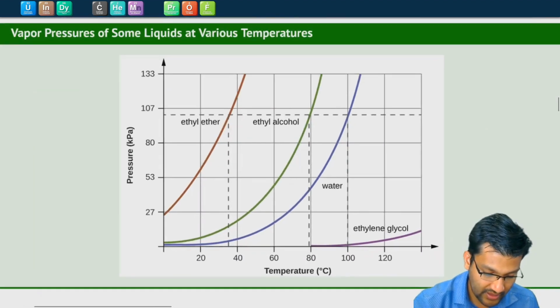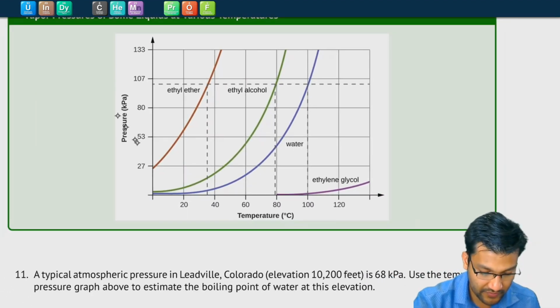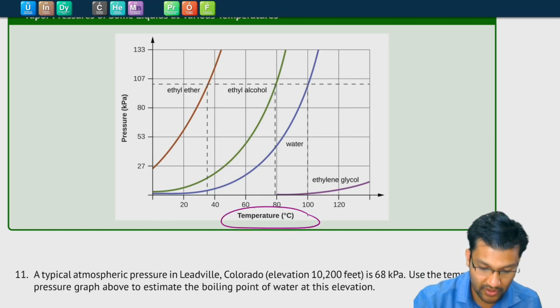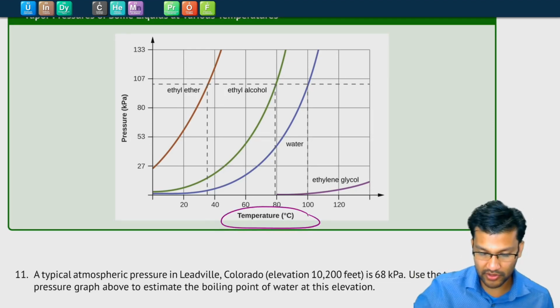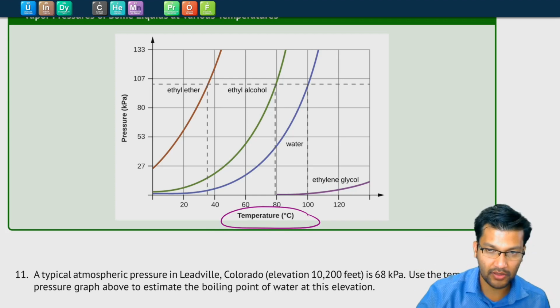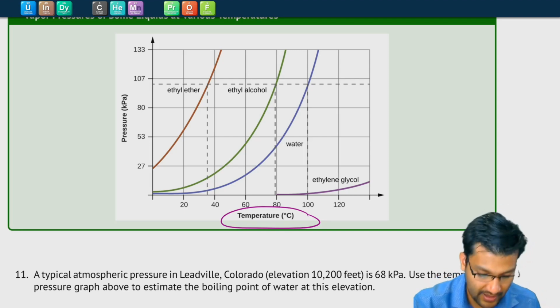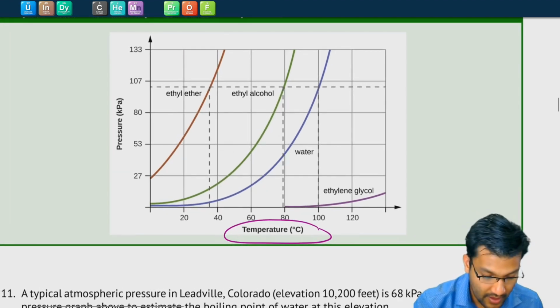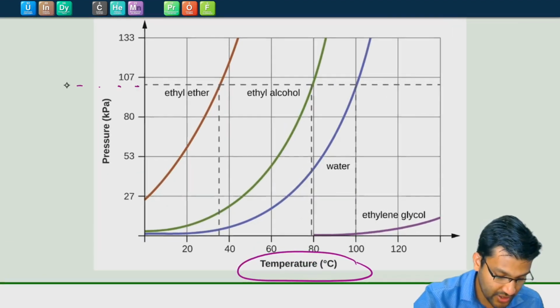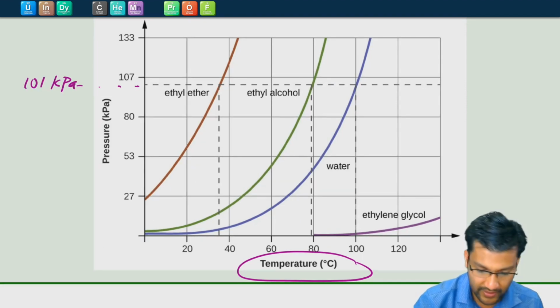So in this table here, it shows how vapor pressures for a few different liquids change with temperature. We know that if you increase the temperature, you're giving more energy to the molecules and more of them will have enough energy to escape. And so the vapor pressure keeps going up as you add more heat. Atmospheric pressure is about 101 kilopascals, right?